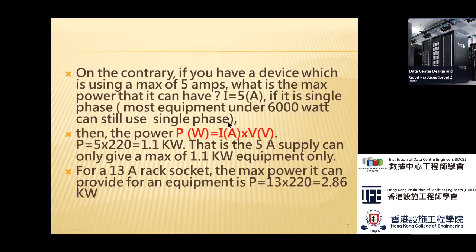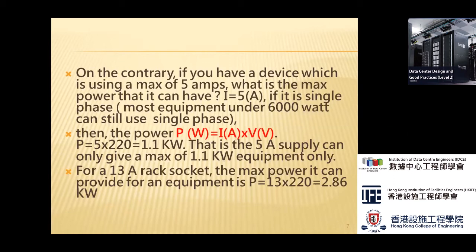So we use the current I of 5 here, and the voltage is 220, so you get 5 times 220, you get 1.1 kilowatts. Amazing, isn't it? So this is why a 5 amp supply can only give a maximum of 1.1 kilowatt equipment, or 1,100 watt equipment.